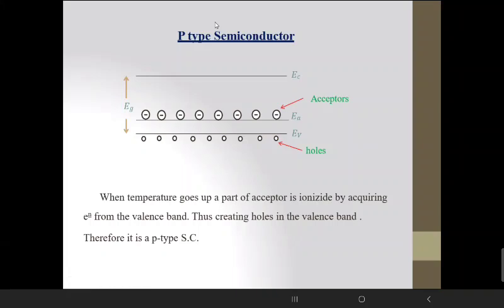Now we need to find the Fermi energy of the P-type extrinsic semiconductor.